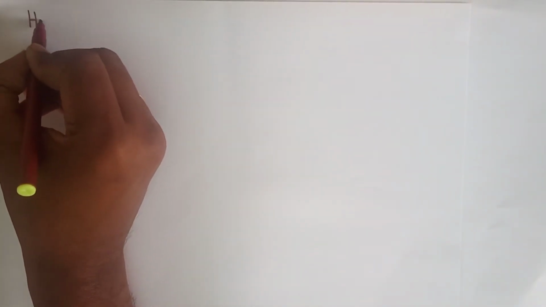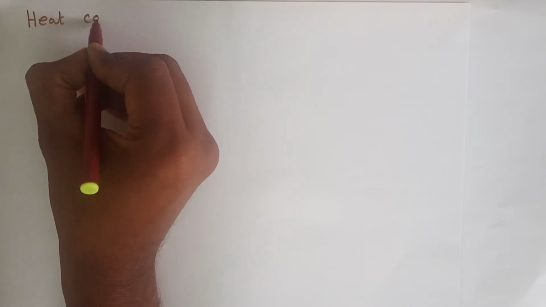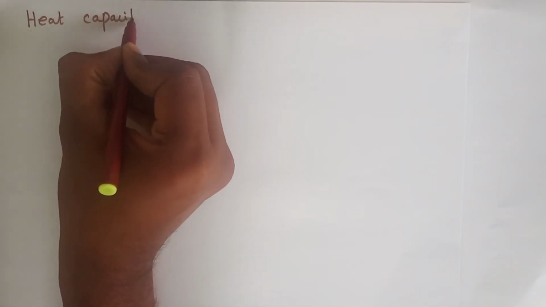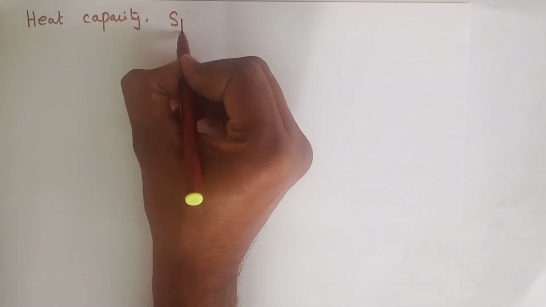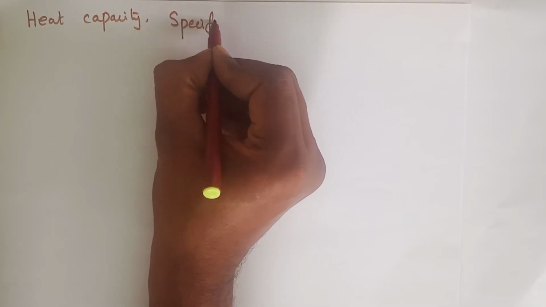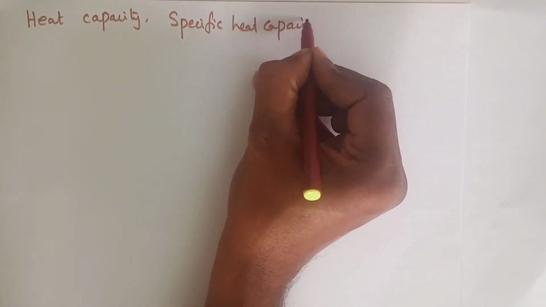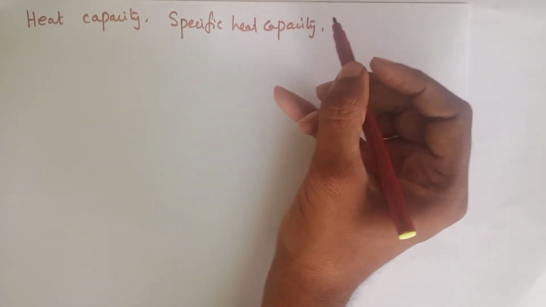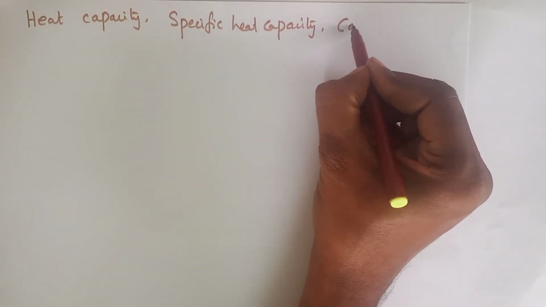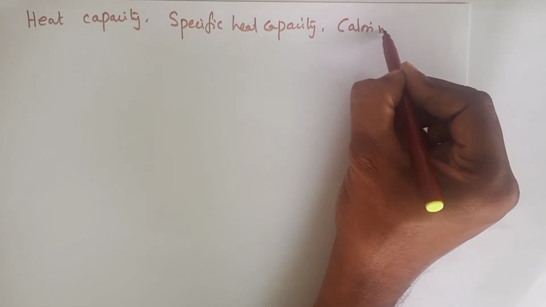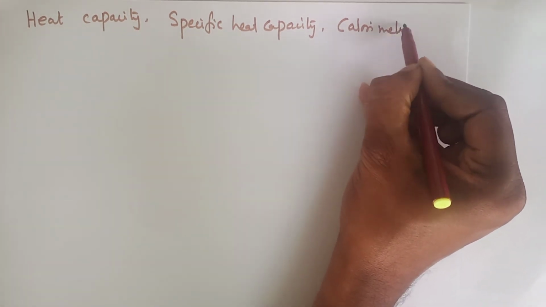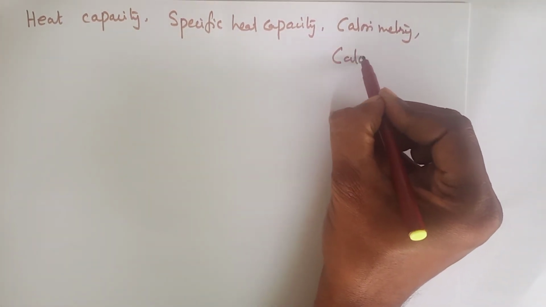Now we enter into the concept of what is heat capacity, how to define what is meant by specific heat capacity, and what is meant by calorimetry and calorimeter.